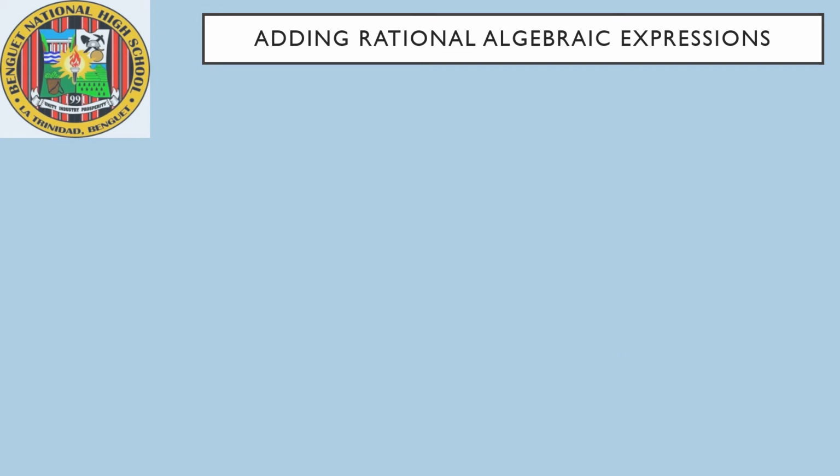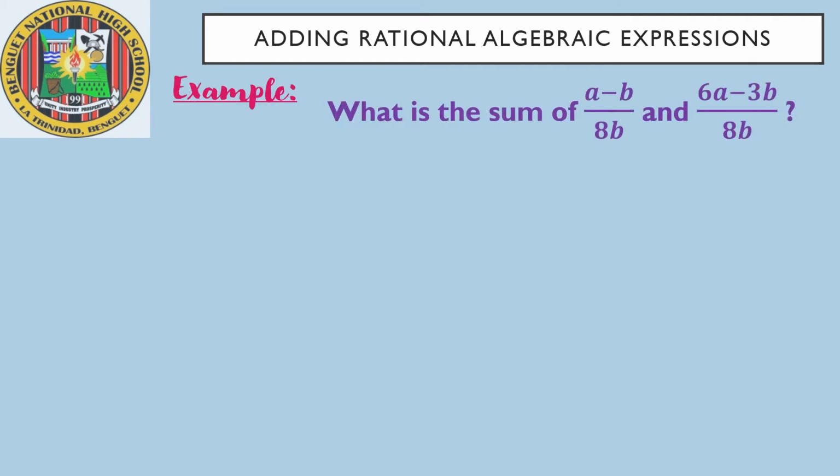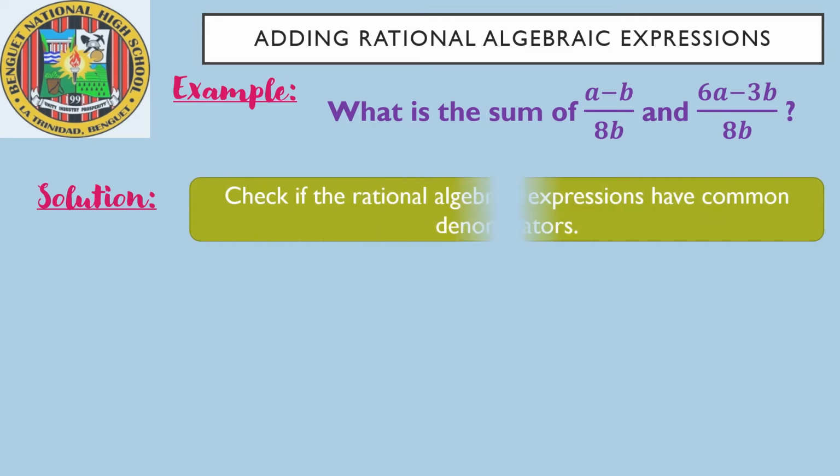To study further how to add rational algebraic expressions, let's look at more examples. Let us solve for the sum of a minus b over 8b and 6a minus 3b over 8b. So our first step is to check if the rational algebraic expressions have common denominators.